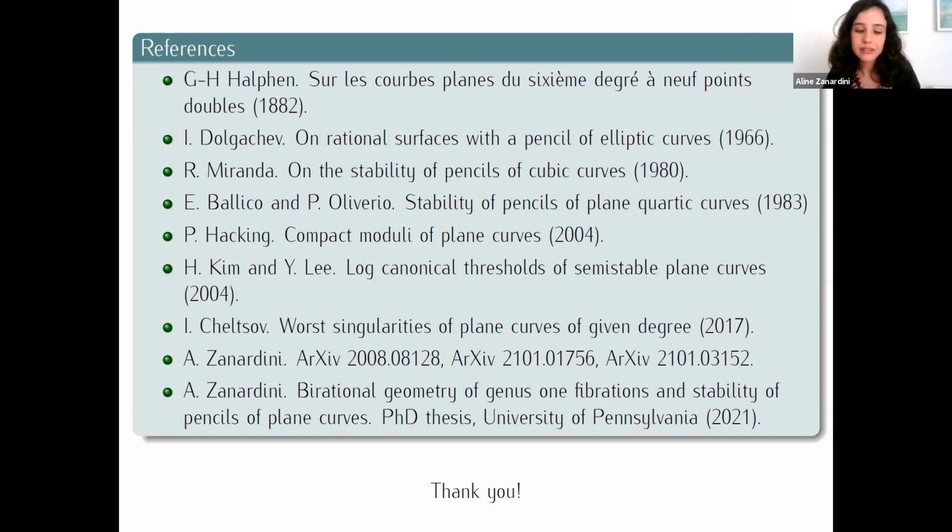I haven't written down and worked out some examples, but I do know that the classical GIT analysis for pencils of cubic surfaces has been done. So you already know the answer, and then you could compare and see. That's very interesting, and I should do that at some point.